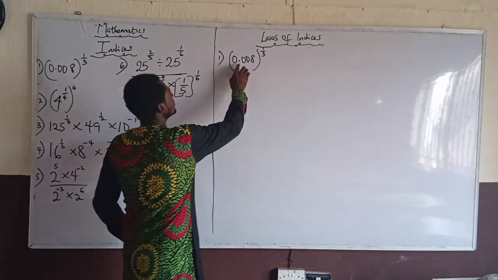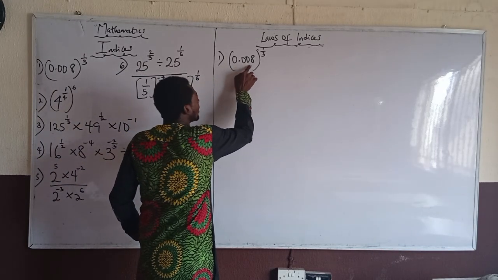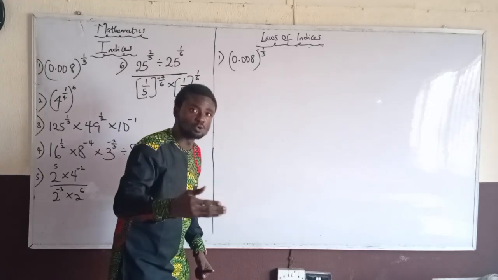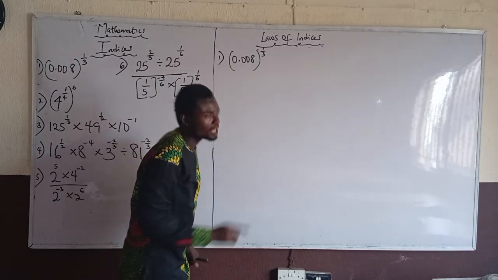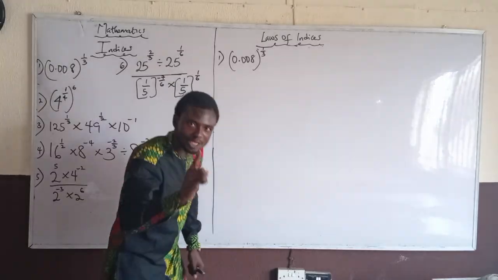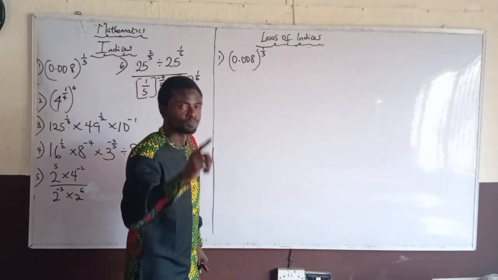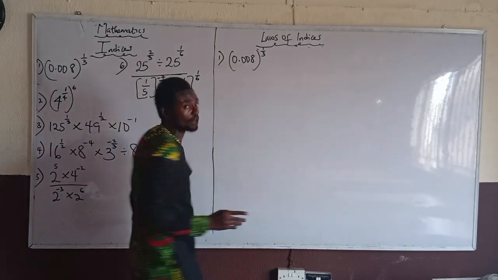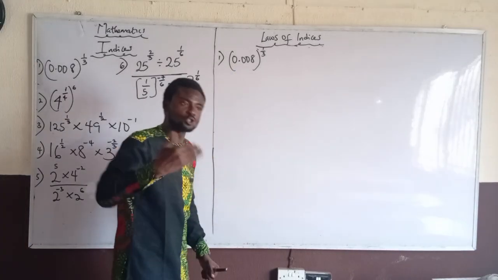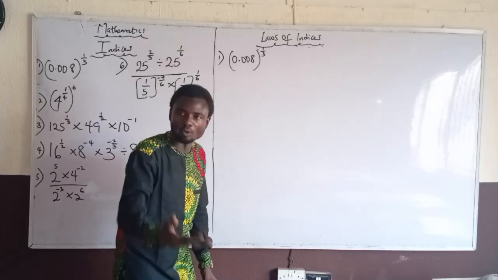If after the point I have 2 numbers, that is 2 zeros, I'll divide by 100. If after the point I have just one number, that is 1 zero, I'll divide by 10. So here, after the point, I have 3 numbers which represent 3 zeros, and I'll divide by 1000.